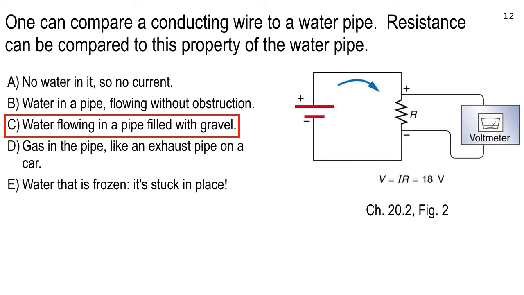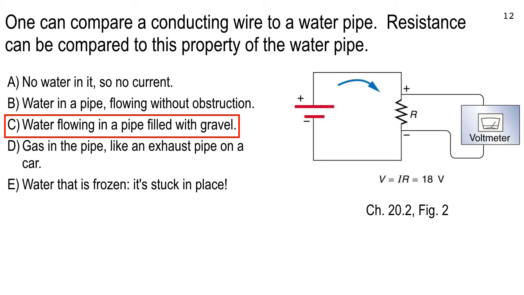And a pipe with really big resistance would be like a pipe filled with sand. Yeah, you can get water through it, but it's tough. And so it's much slower. So high resistance, low current for the same amount of water pressure.